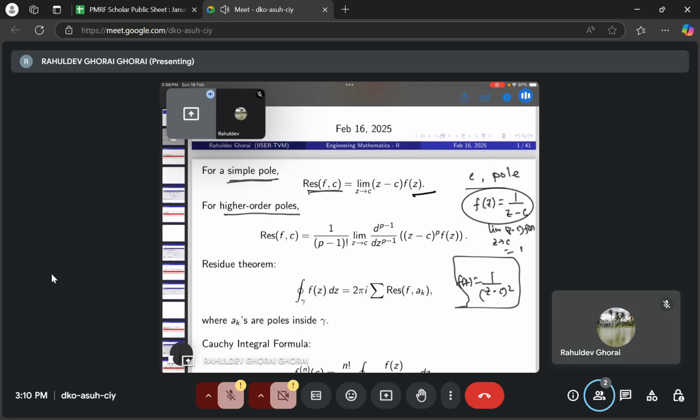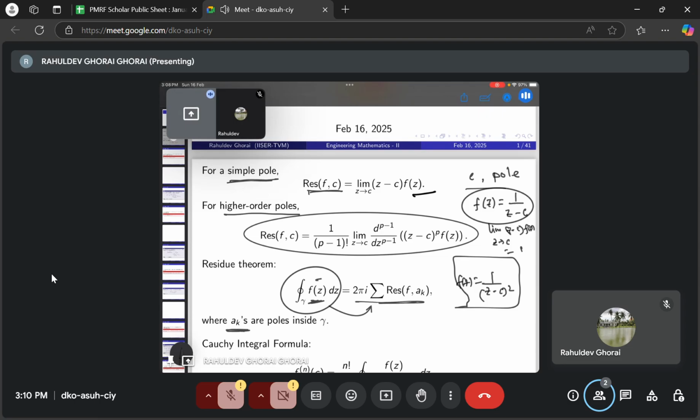So what we do is find out the residue corresponding to that. The residue theorem says that if you have this type of integration, you can directly evaluate it if you know the poles a_k of the function f(z), and the residues, which we have already seen how to define.